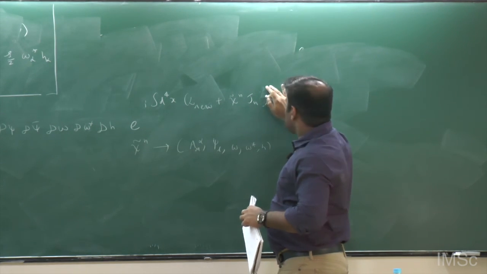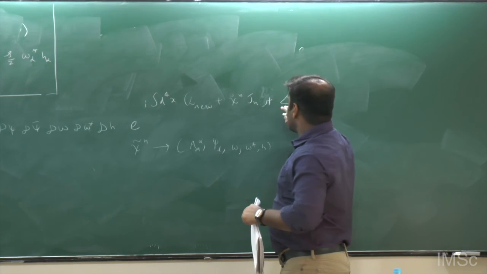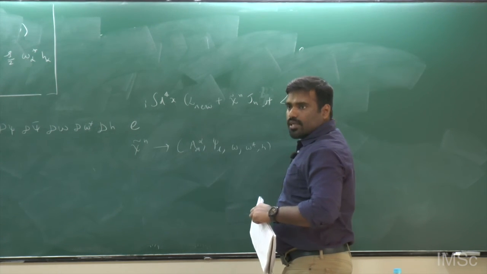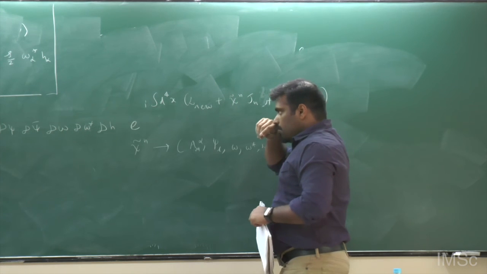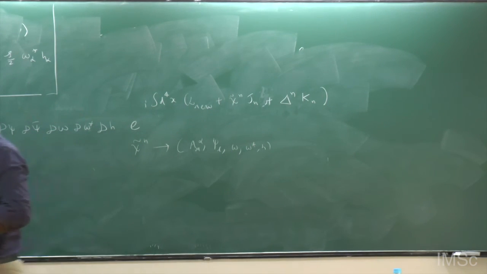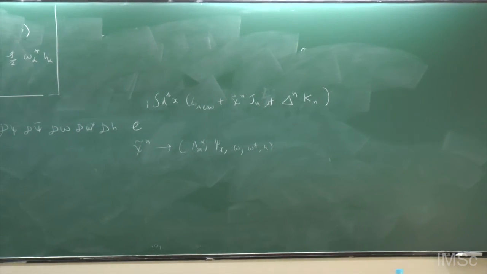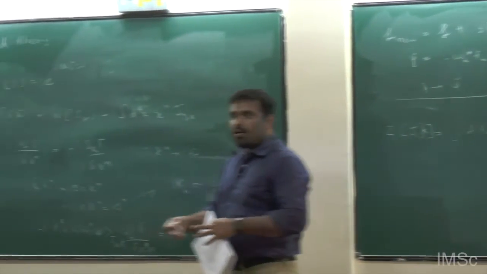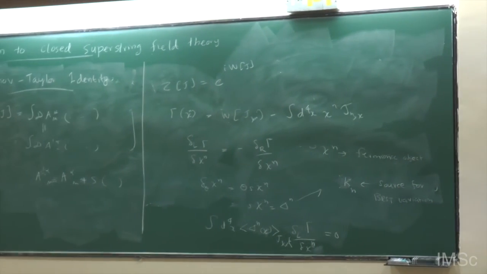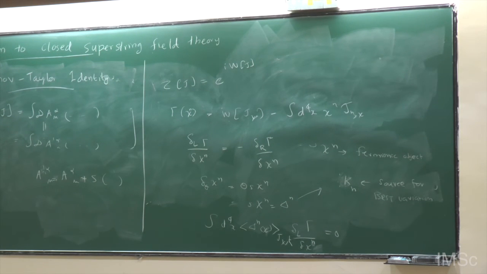Now I'm saying that I'm going to turn on another source, which is just delta n K n. So that's why it's more general. It has more information. When I switch on one more source, it starts having more and more information about correlation functions. I don't see how it would give more information as opposed to what we already had.